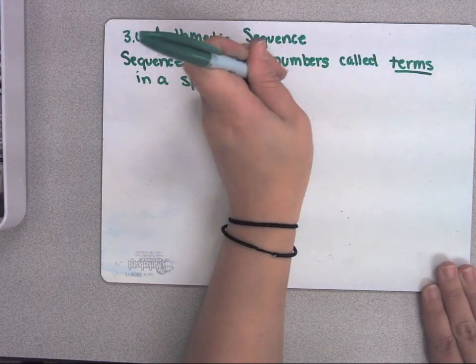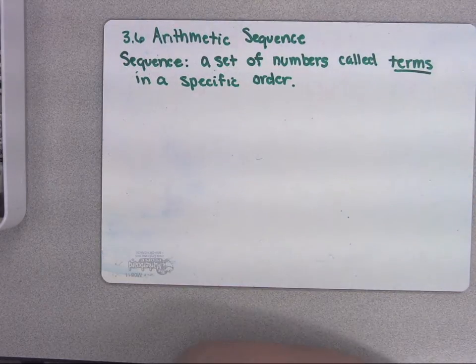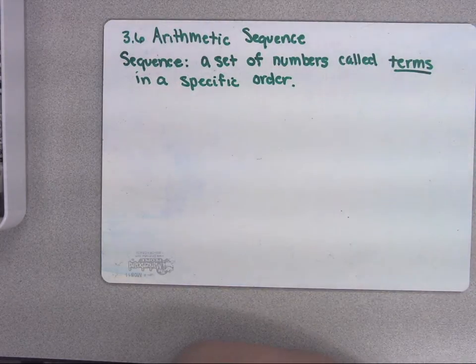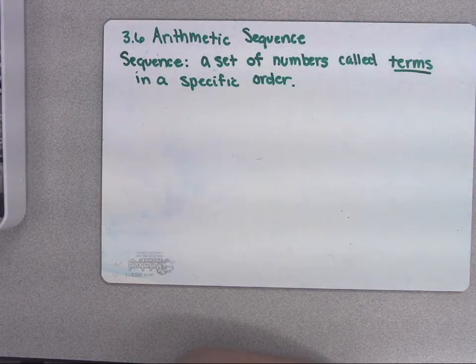So a sequence is just a bunch of numbers separated by commas. Each one of those numbers is called a term. The first number is the first term, the second number is the second term. But they have a specific order to them. They're not just thrown there. They are specifically there for a reason.